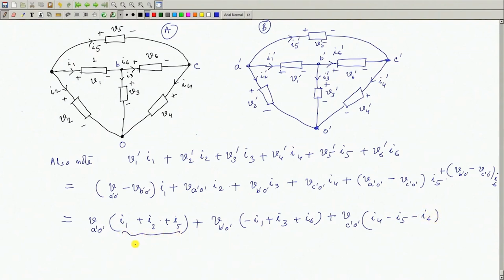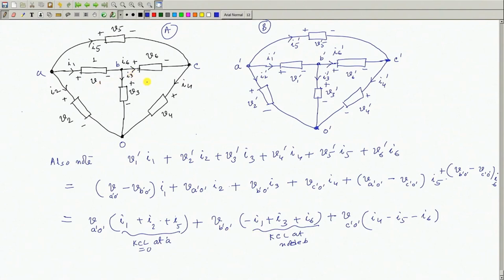But what is this thing? I1 plus I2 plus I5 is KCL of network at node A, this is A, B, C, and this must be 0. This one, I1 plus I3, is nothing but KCL at node B of network A, not B dashed node. But this must be 0, this network whatever it is separate, but it is satisfying KCL at all the nodes.